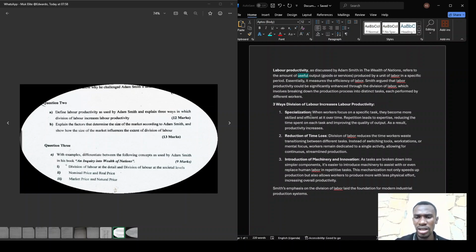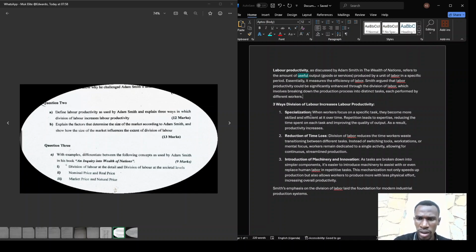As a result, productivity increases. You know very well that, let's say you are teaching economics, you have to formulate different formulas so that your students pass. You even get acronyms. That is what we call division of labor. Specialization. You have more time to think of the activity, what you're going to do, how you can make it more enjoyable. That is one reason, specialization.